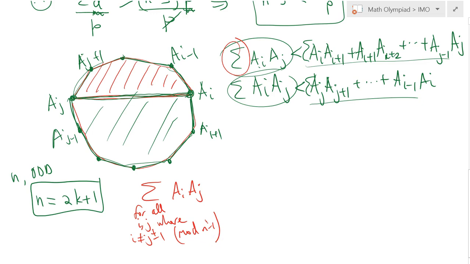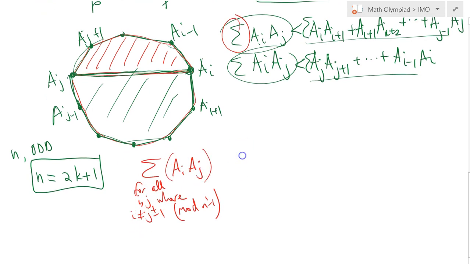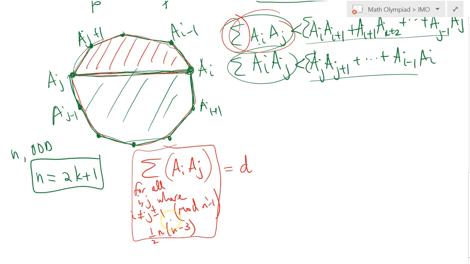So this sum is on the left hand side, and I'm adding across all the diagonals. Let me remind you the number of diagonals was one half n times n minus 3. When I add across all these, it is kind of obvious that the left hand side would be equal to d, no doubt about that, since you are just summing all the diagonals without repetition.